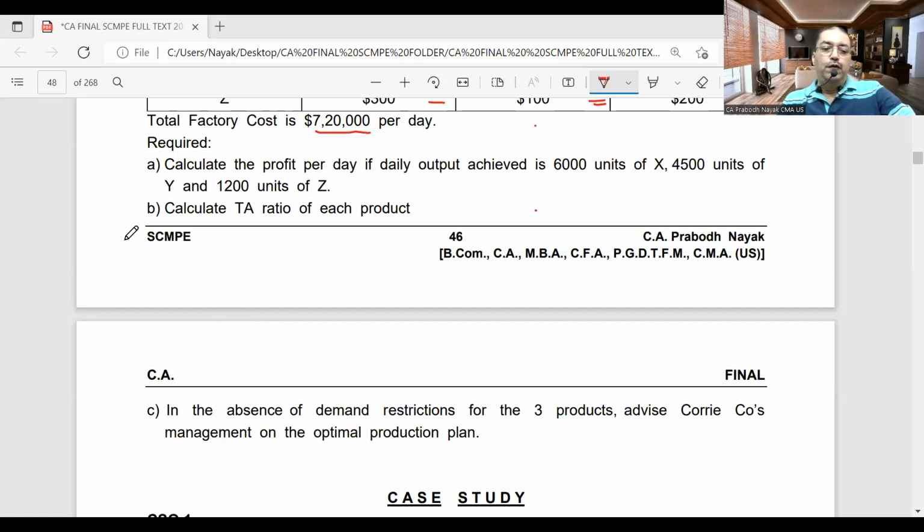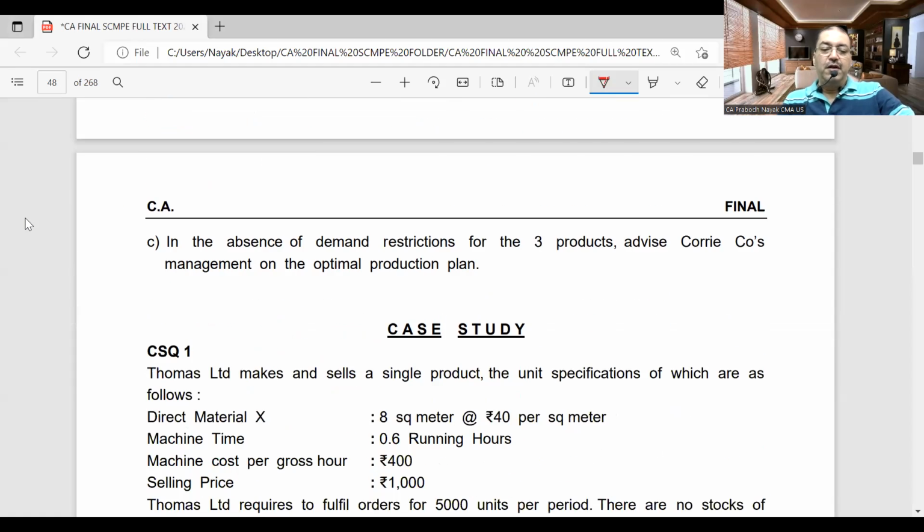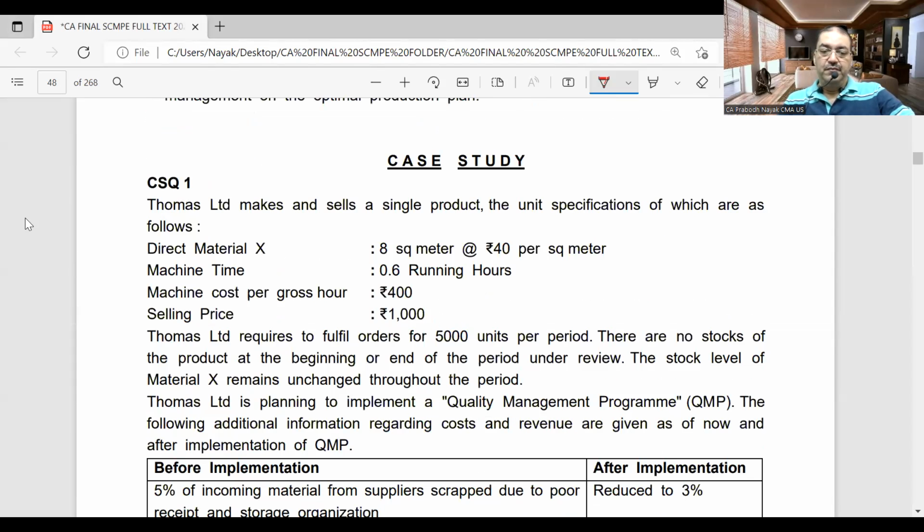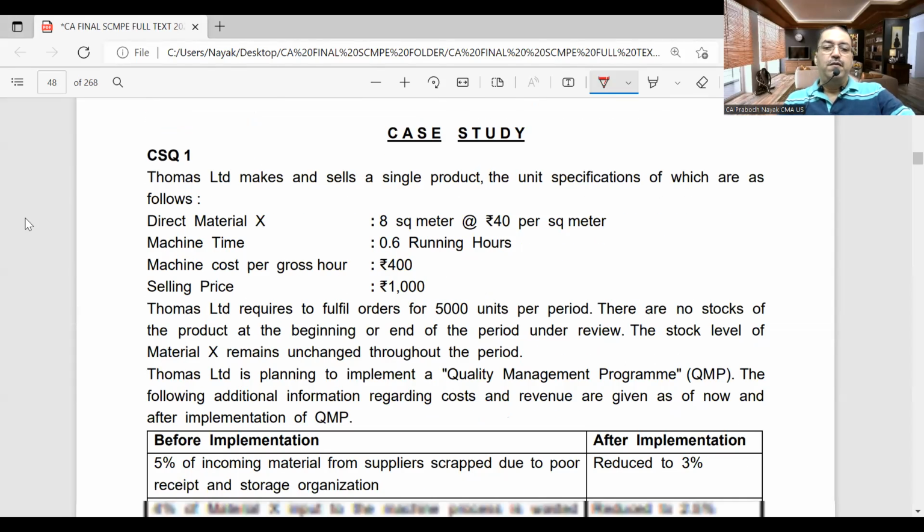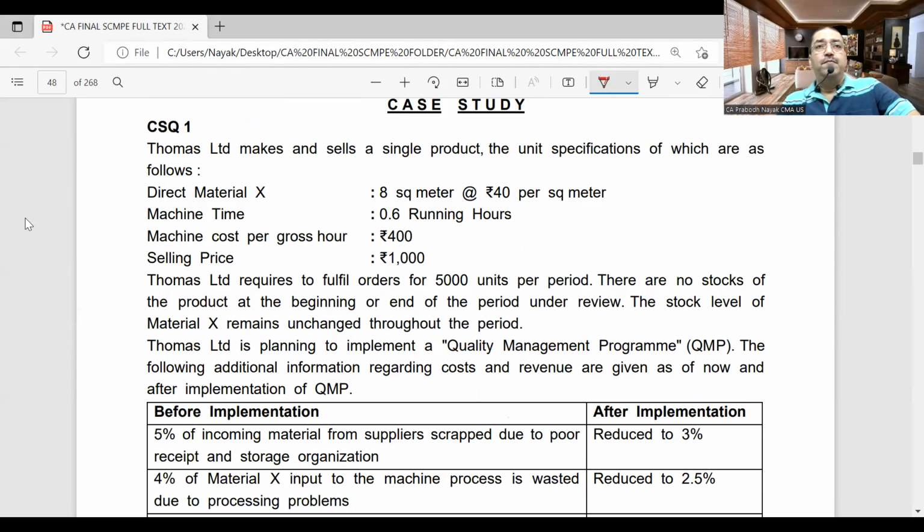Okay, so that completes all the questions over here. Now let us come to the case studies. As I told you, case study questions are, see, there are some purely theoretical case studies. Then there are certain case studies which are theoretical and numerical, theoretical plus practical.